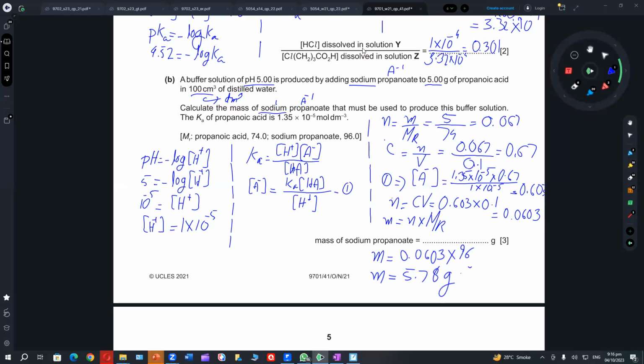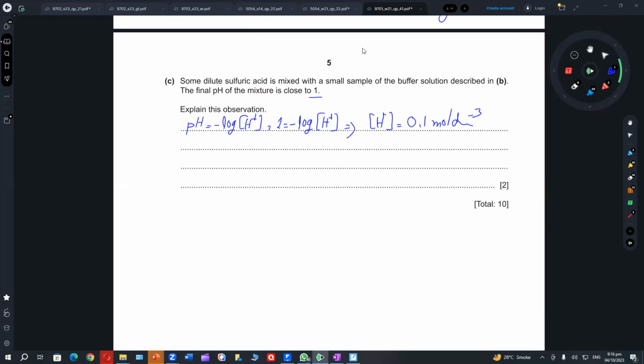Sodium is obviously not part of the discussion because we are not adding any alkali, but we have a flood of A minus. We have a big reservoir of A minus. So when you add the acid, the buffer relies on A minus, which floods the solution.